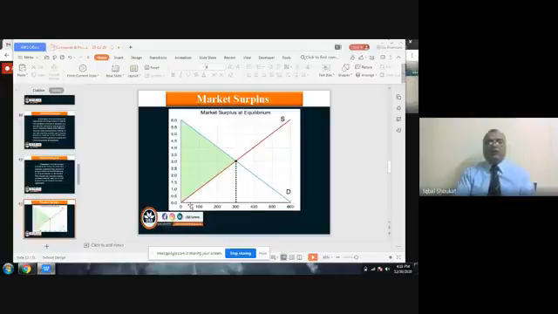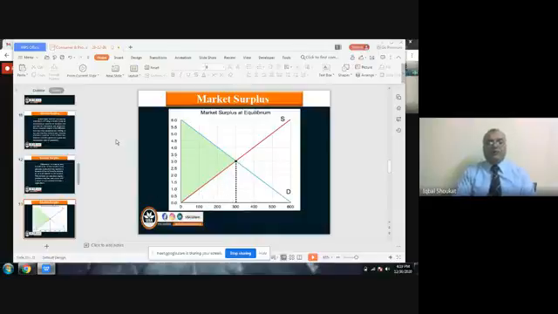As you can see, the area below the demand curve and above the supply curve represents the surplus, whereas demand and supply equality represents the equilibrium price and the equilibrium quantity. Here the blue area represents the market surplus at equilibrium prices, and this triangle below the red line and in between the black will represent the opportunity cost.